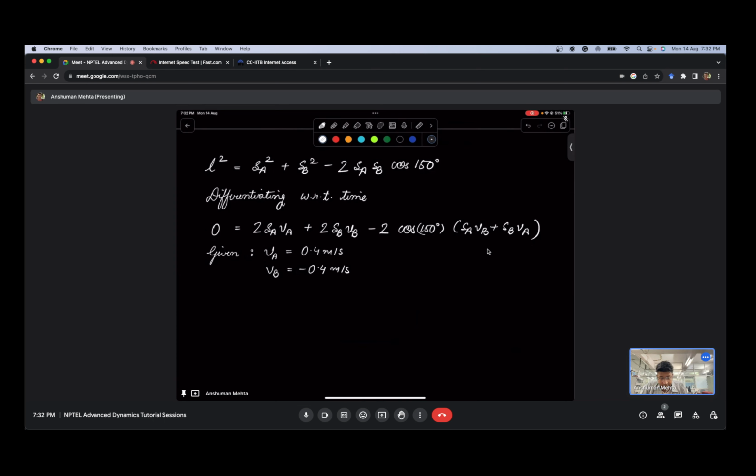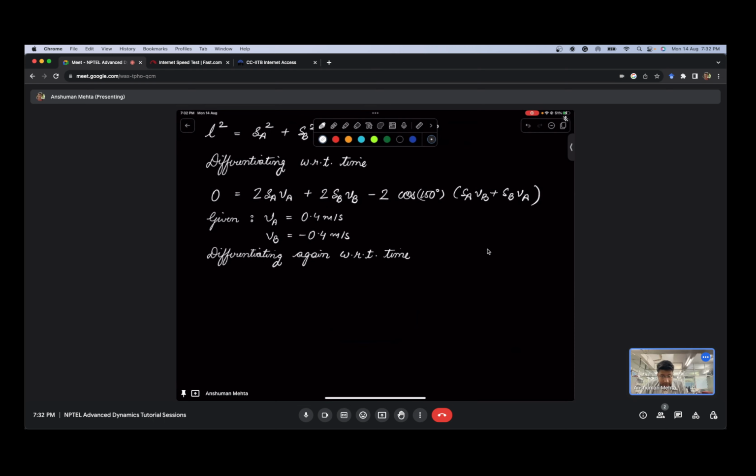And if we differentiate it again, we will get 0 is equal to, from here it will be VA square plus SA AA. So one term has converted into two terms now.